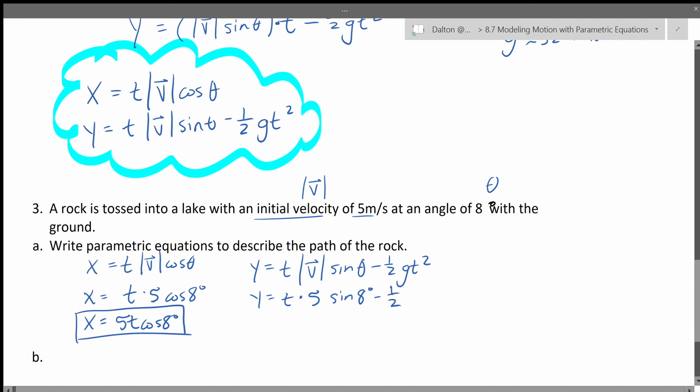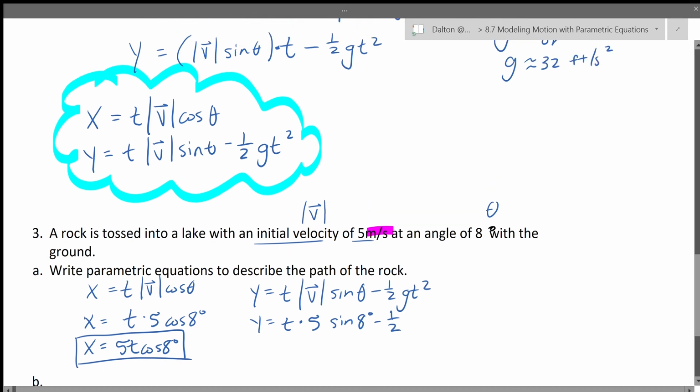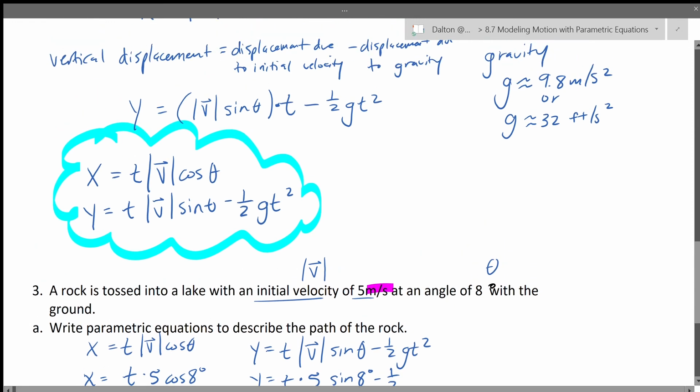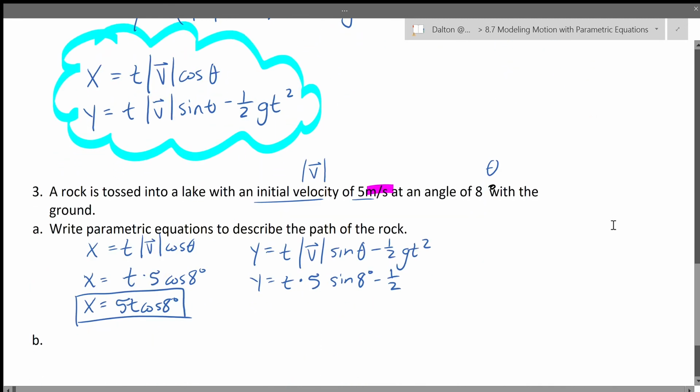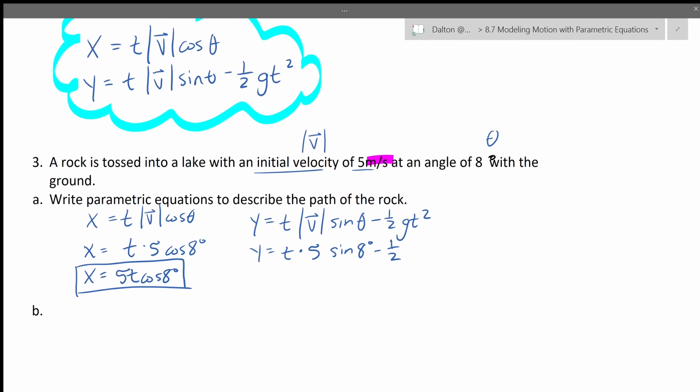As far as g goes, we are dealing with meters per second. So that's how we know that we're going to be using 9.8 for gravity, 9.8 meters per second squared. If our units were given in feet, we would use the number 32 for g. Okay, but we're going to be using 9.8.